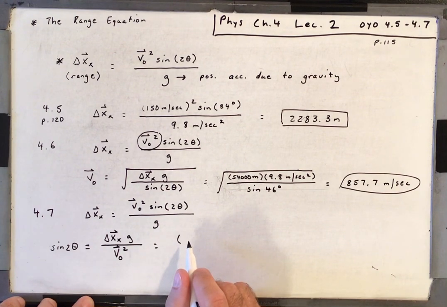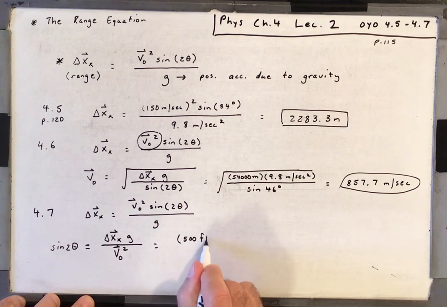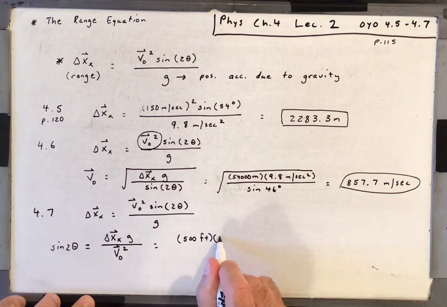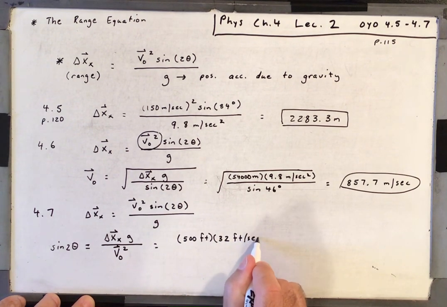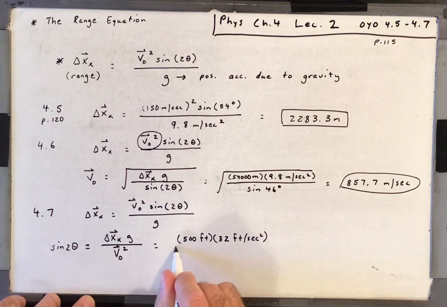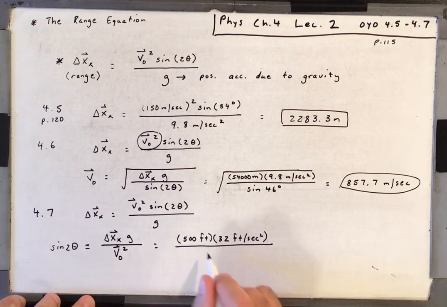So sine 2 theta is equal to, let's see, 500. And be careful here, it's 32, since we're in feet. Easy to put 9.8. Lots of students have done it. And then our initial velocity is 200.